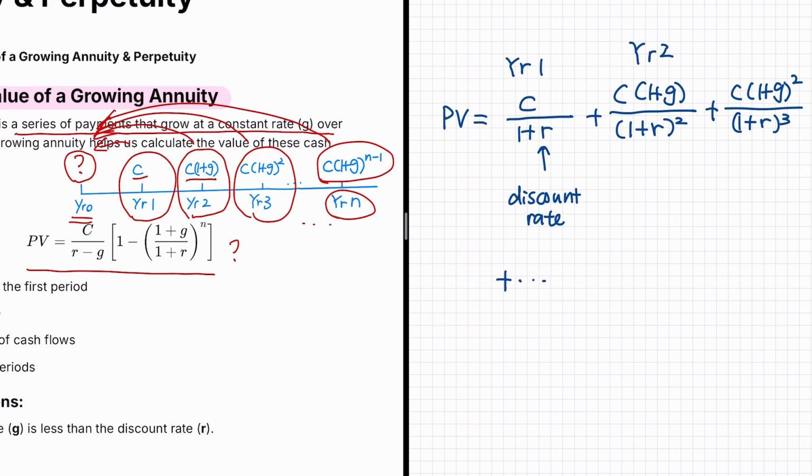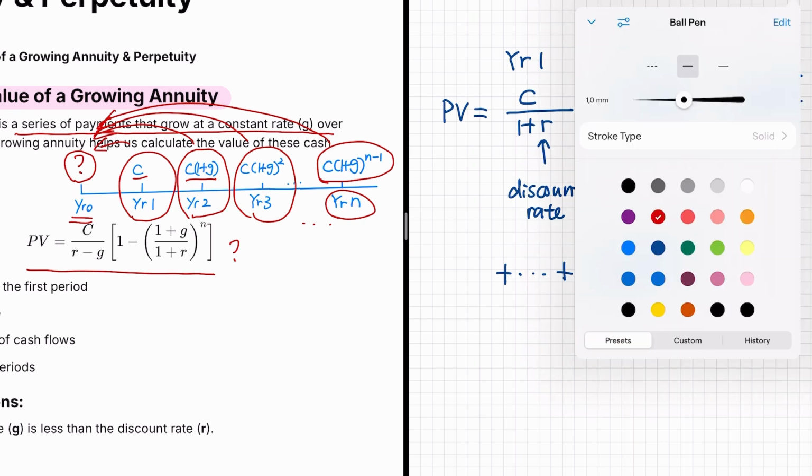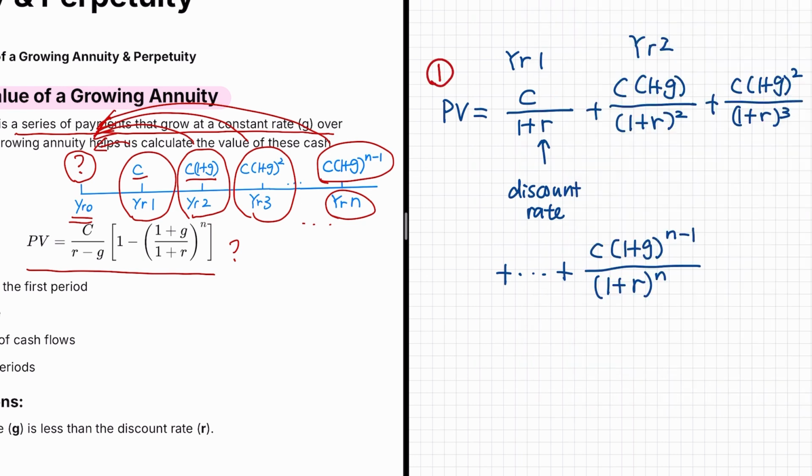There will be similar terms for the future years. And for year N, the last year, it should be C times 1 plus G to the power of N minus 1 divided by 1 plus R to the power of N. So we derive the formula like this. We'll call this formula 1.